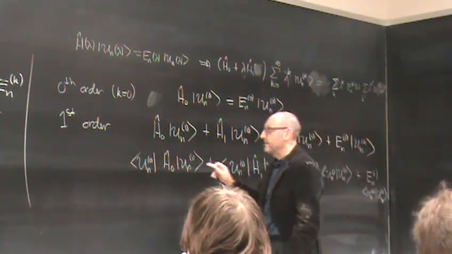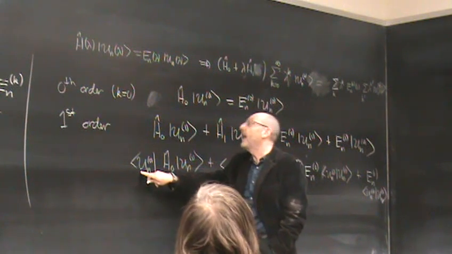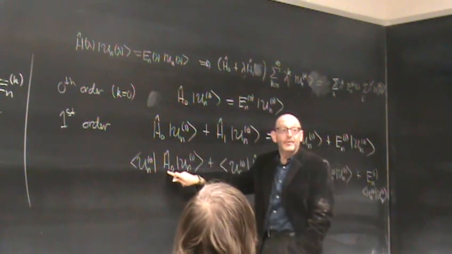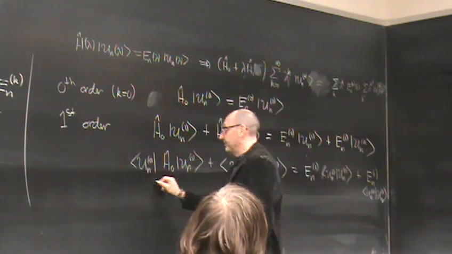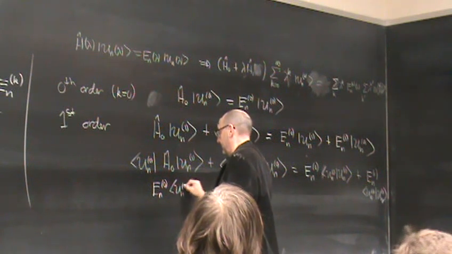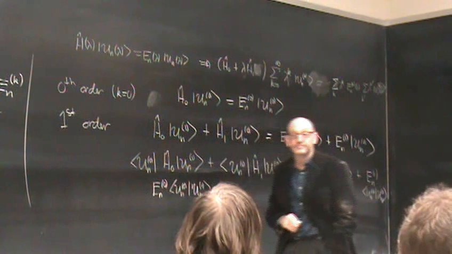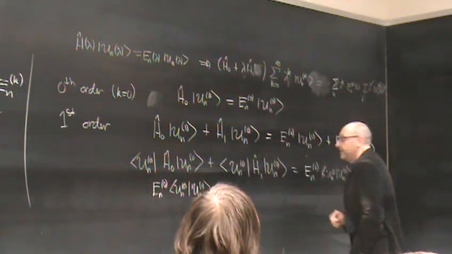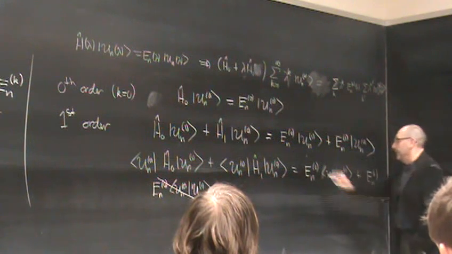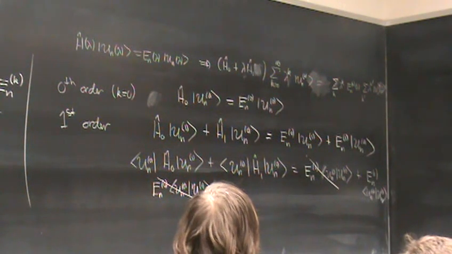relations. There's a couple of different ways you can look at this. This is an eigenvector of H0. This is a Hermitian operator. Therefore, this is equal to the eigenvalue E_n0. Okay? And so this term cancels with this term. Okay?